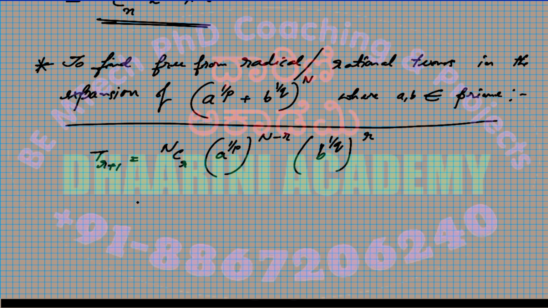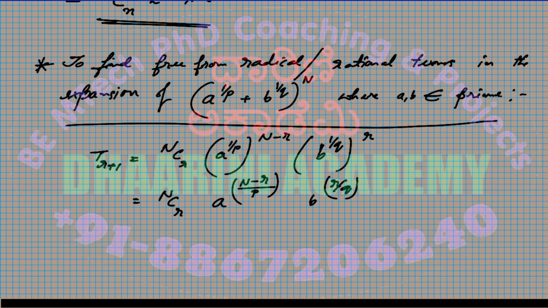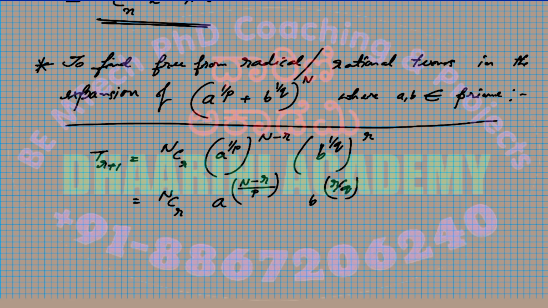Or we can simplify this and write nCr into a to the power n minus r divided by p, into b to the power r by q. We have to do some inspection and put the values of 0 to n for r whenever the indices of a and b become integers. That's what is our intention, because I don't want to have rational or radical terms, right?